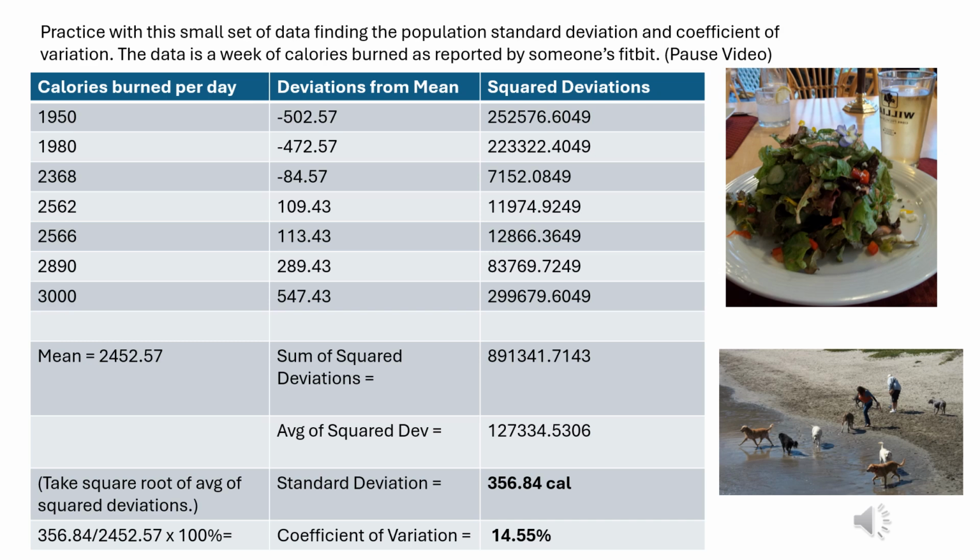And you find all the deviations. Again, you're not going to average those because you would end up getting 0 or something really, really close to 0. Instead, square the deviations, and the numbers are fairly big, so the squares are fairly big. We're going to average those squared deviations. So if you added them all up, you should have gotten 891,341.7143, and divide by 7.